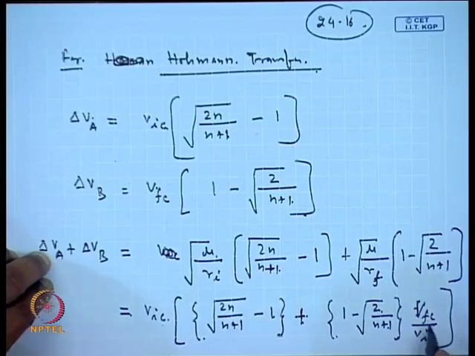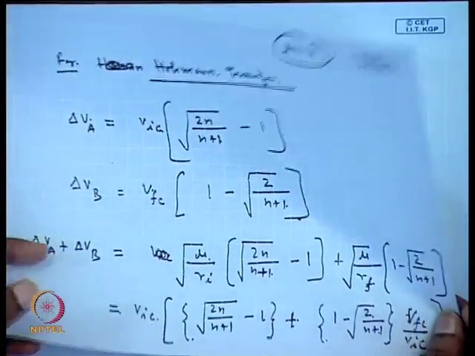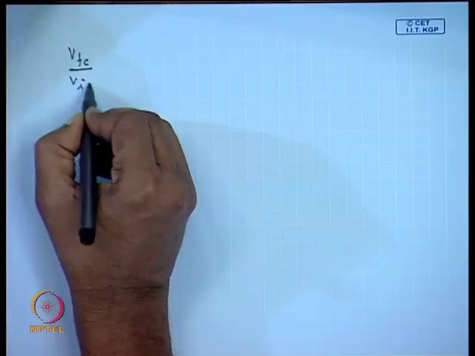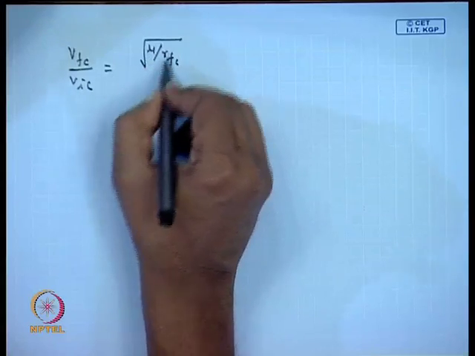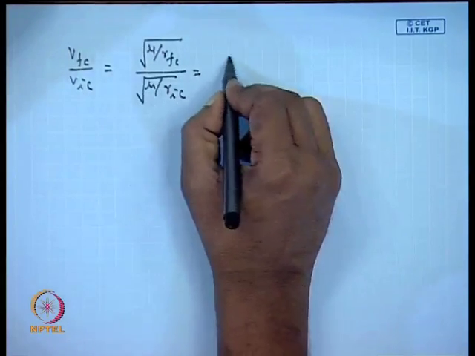Now, V_fc by V_ic can be written in terms of r_f and r_i. We have V_fc by V_ic, this is nothing but square root of mu by r_fc divided by square root of mu by r_ic.